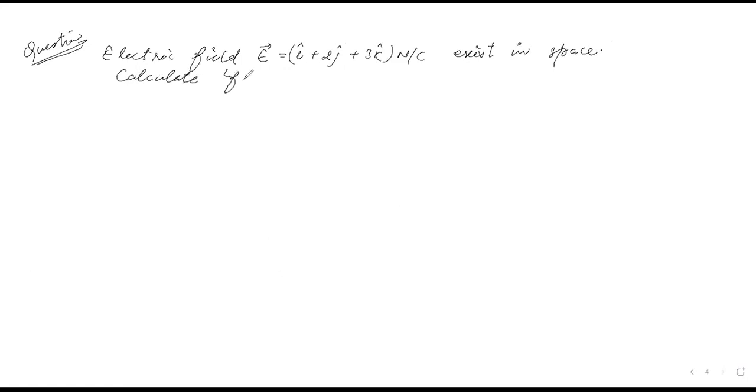Calculate the flux through the area S, which is I minus 2J plus K meter square. Okay, this is your question.